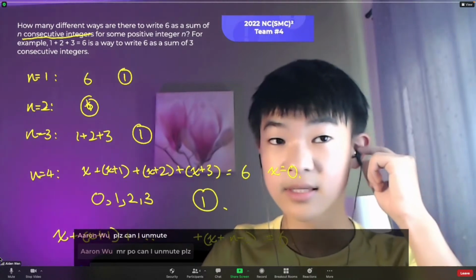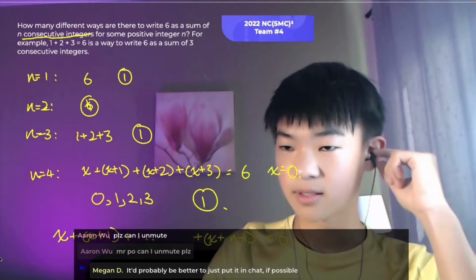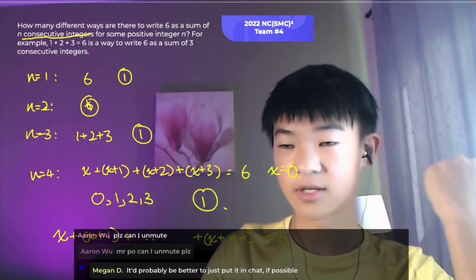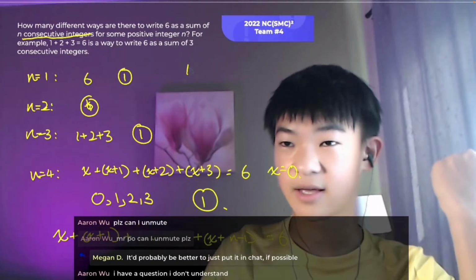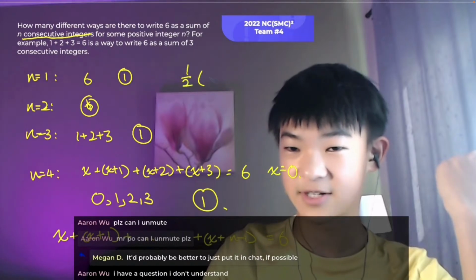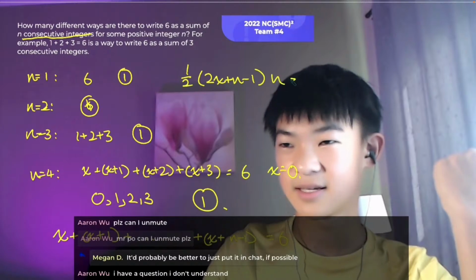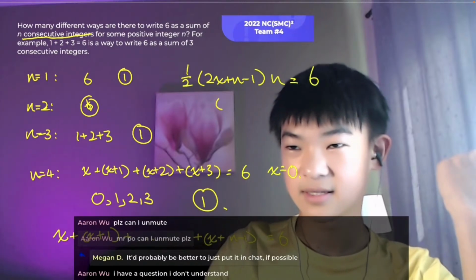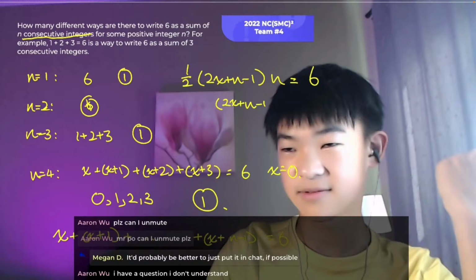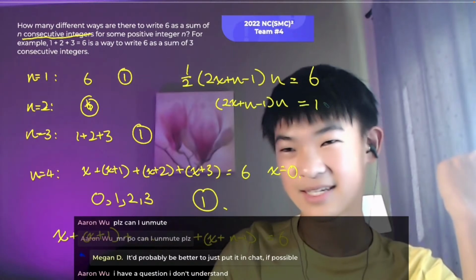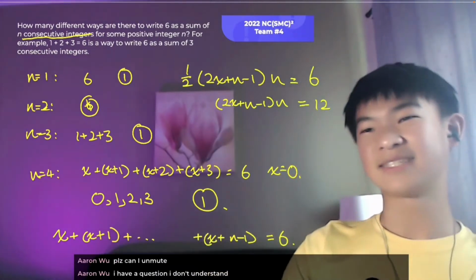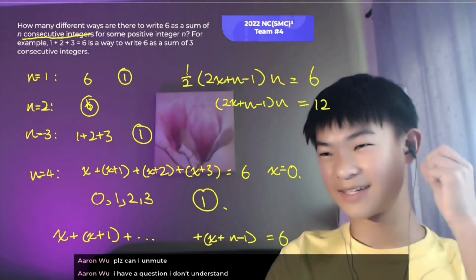Oops, okay, that's kind of hard to see. If we sum this, then we could use our sum formula. We would have half times the first number plus last number times the total numbers, which is n. And this equals 6. So (2x plus n minus 1) times n is equal to 12. And this is a Diophantine equation.